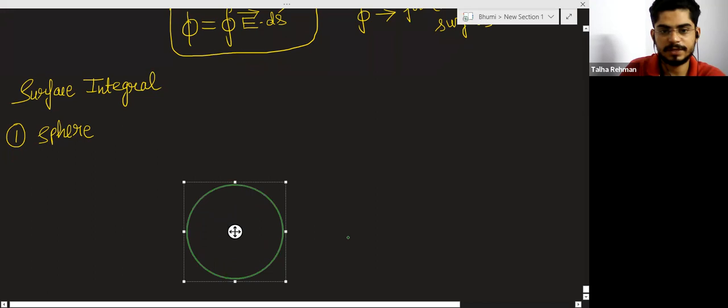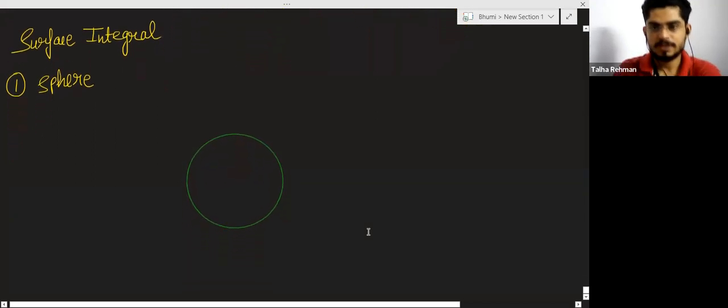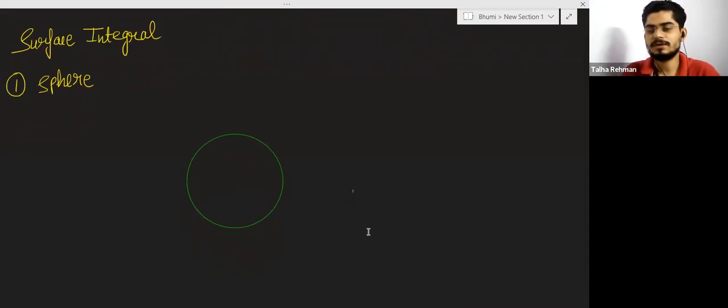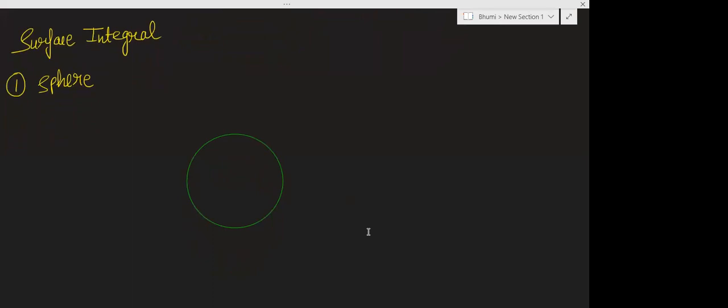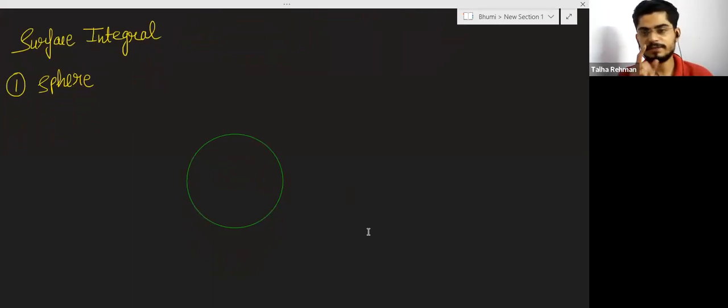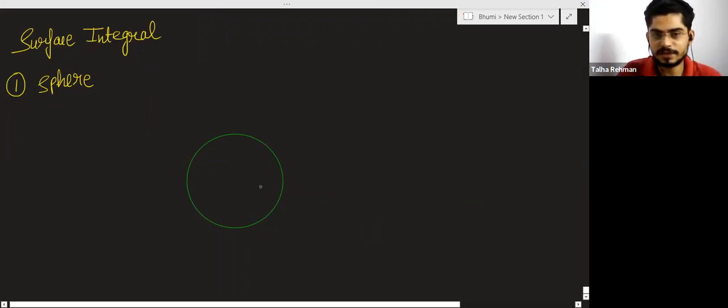You can imagine a sphere like a ball, like a football. In this topic, electric flux, your imagination is very, very important. You have to imagine the things in your mind. There is a surface of the sphere also. This is the center of the sphere, and this is a small surface of the sphere.